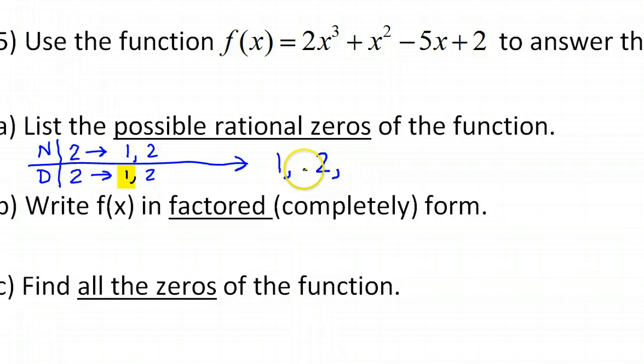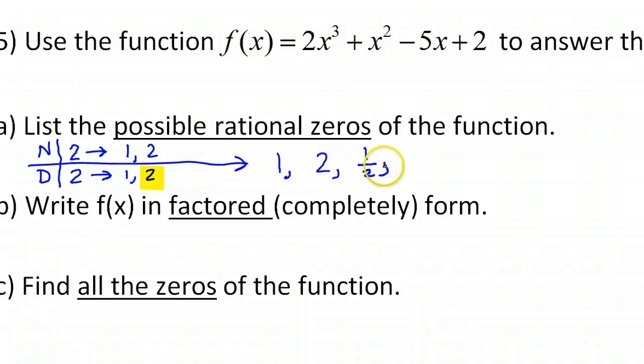So those are the first two possible rational zeros. But then we switch, and now we'll look at 2 as the denominator. So now I'm using these numerators again. I've got 1 over 2, so that's going to be 1/2. And 2 over 2. But 2 over 2 is 1, and we already have that, so no new zeros there.